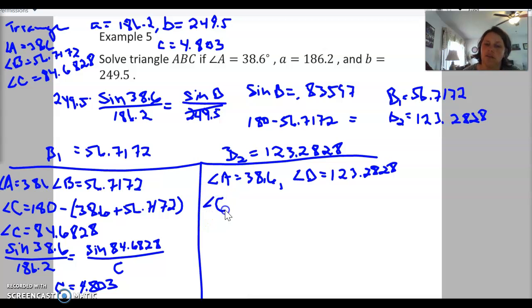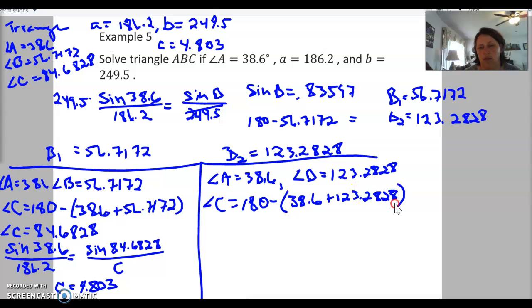So to find the measure of angle C, we're going to do 180 minus the sum of 38.6 plus 123.2828. And do all of that on your calculator. You should come up with the answer of 18.1172.